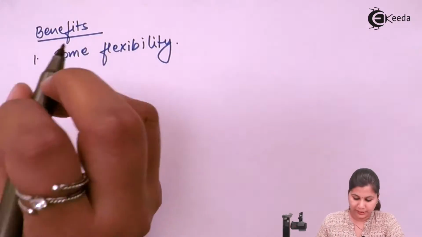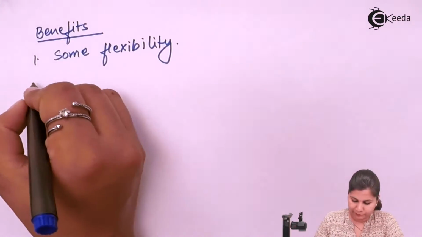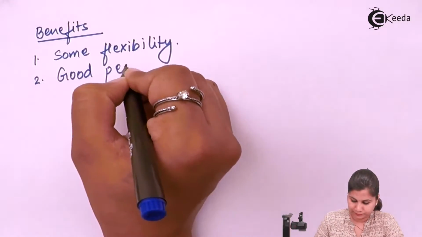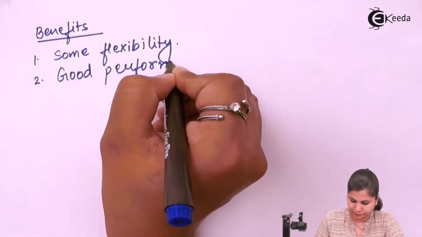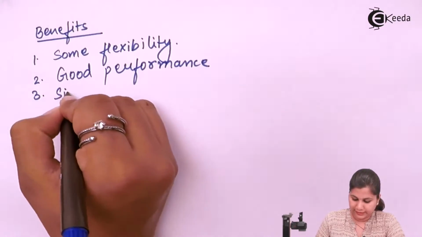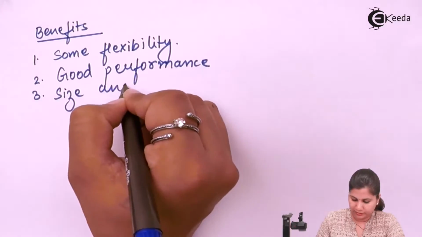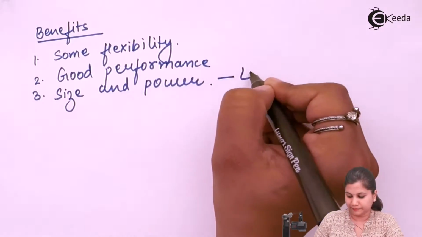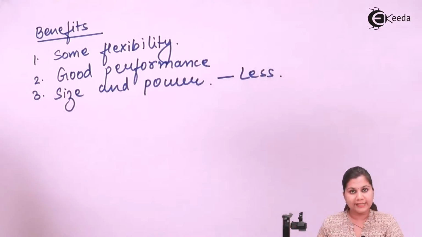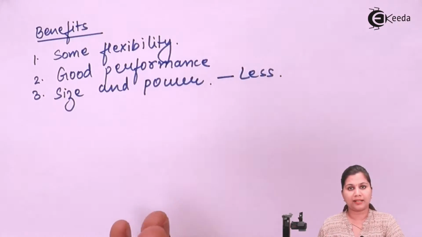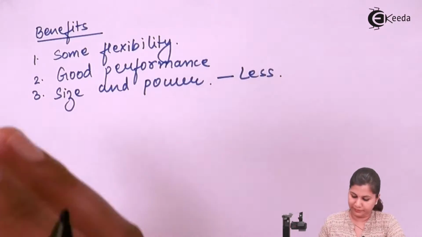So some flexibility is there, they also provide good performance, and size and power consumption are also less. The size is reduced, and the power consumption is less, because if the number of components present is less, then power consumption will automatically be less.